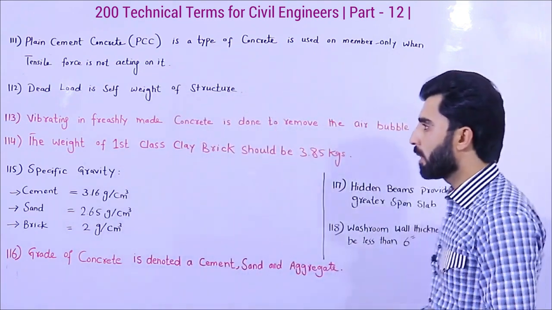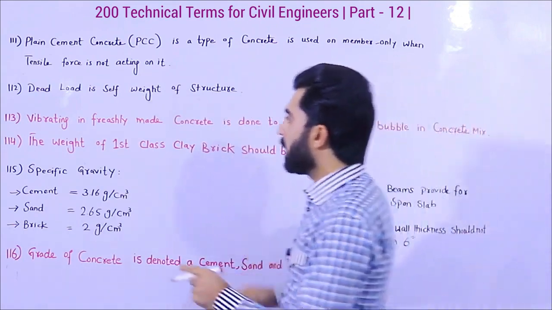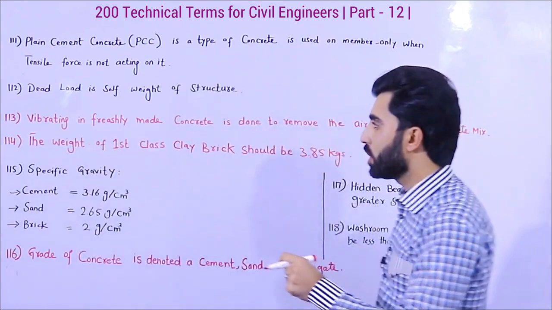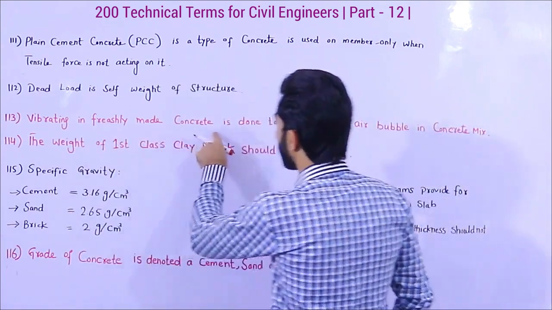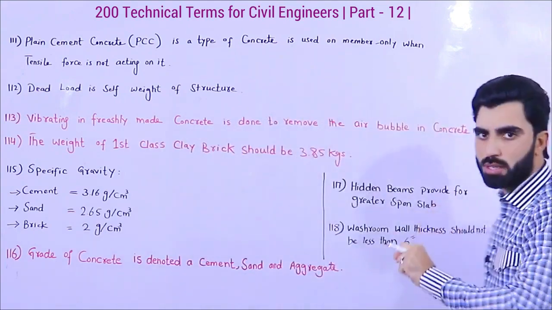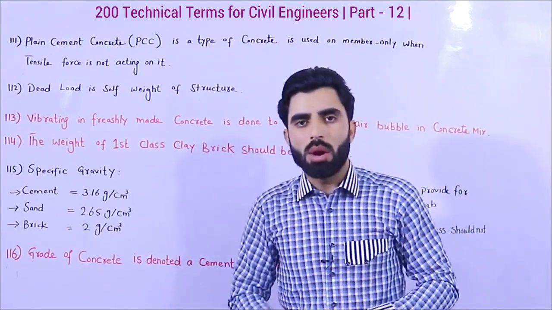Very simple. Okay, the third one is the vibrating or vibration machine. We are using a vibrating machine on freshly made concrete to remove the air bubbles in the concrete mix.